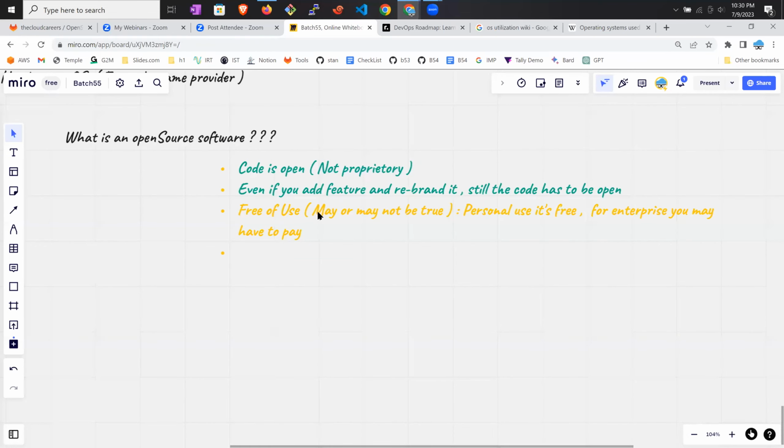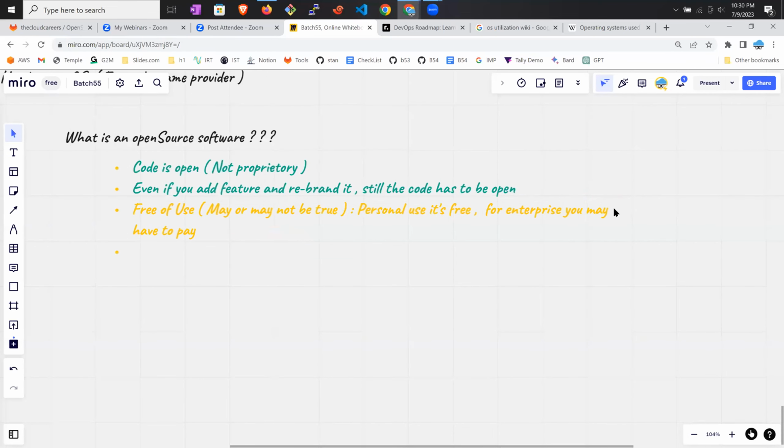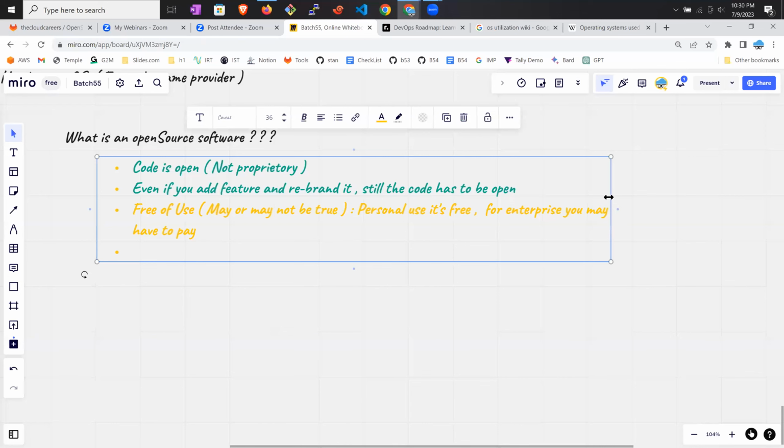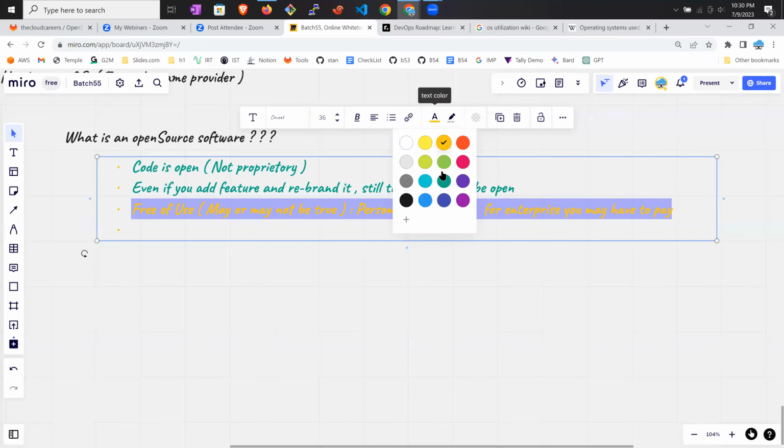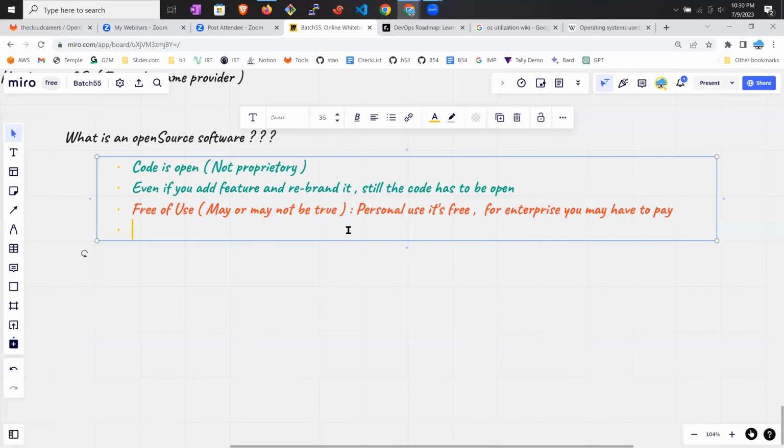It may or may not be free; that depends on the software. That is one important point I would like to highlight. The code of the software should always be open, even if you add new features or rebrand it. And when it is a community open source software, most of the time you have community support, not enterprise support.